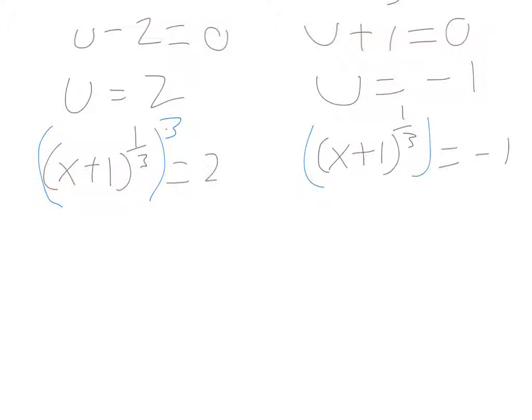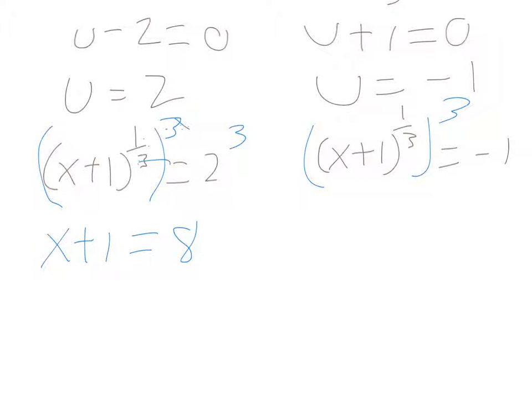The reason we use the reciprocal is that with a power raised to another power, we multiply the exponents: 1/3 times 3 is just 1. So you have x plus 1 to the first, or just x plus 1. But what you do to one side, you have to do to the other, so 2 to the third is equal to 8.